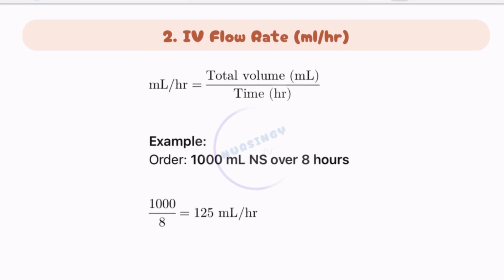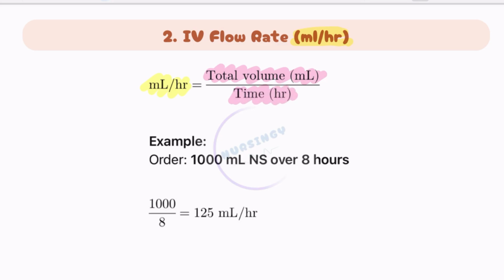So the IV flow rate formula, where we need to find out ml per hour. To find ml per hour, we need two things: total volume in ml and time in hours.